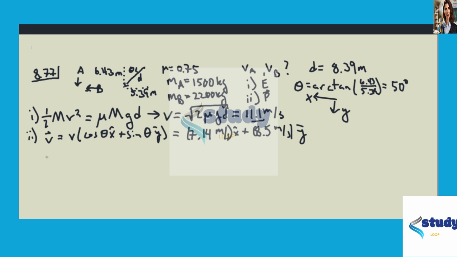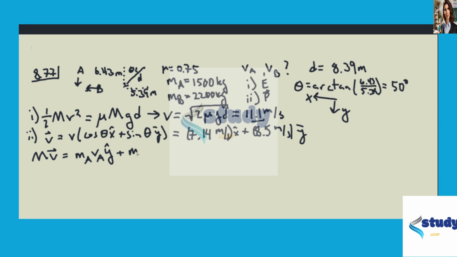Okay. So now the momentum of the combined cars together is the sum of their masses times the velocity we just found. And then the momentum from A will be its mass times its speed times the unit vector in the direction it was going.